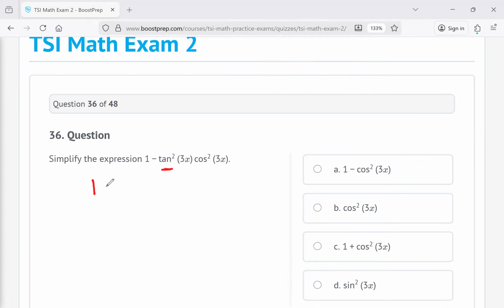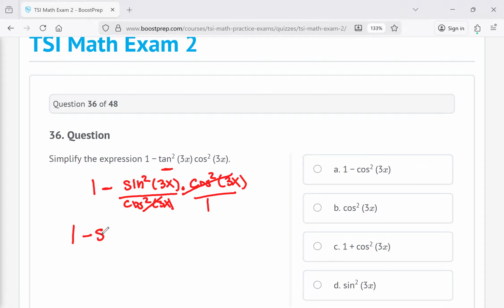So it's going to be 1 minus, and then replace that tan square x with sine square of 3x over cosine square of 3x, right? Times cosine square of 3x. And then what happens is these cancel. So you're left with 1 minus sine square of 3x.